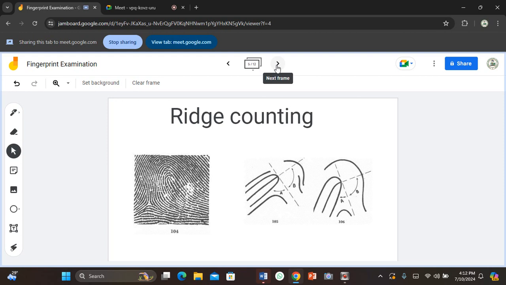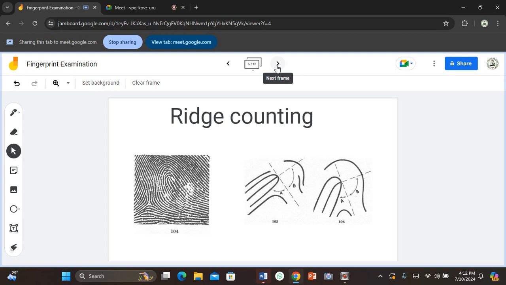Just as we said last week, you may have the first set of classification, using the loop, the arch, or the whorl. But you still need to go further, because at times you may have two fingerprints that you want to compare, and both of them may belong to the same family or the same group, maybe arch.